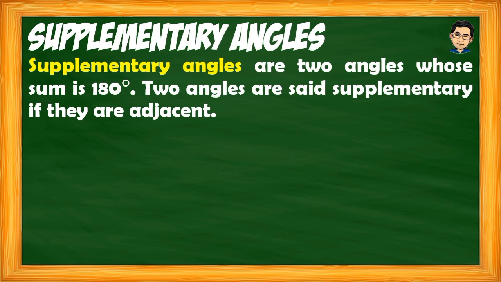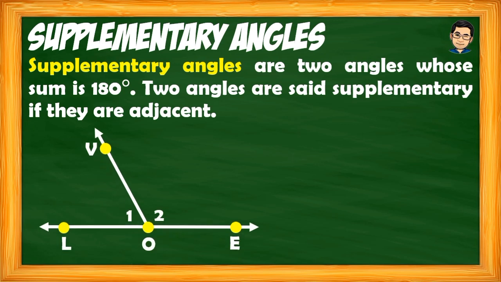So, ito po ang itsura ng supplementary angles. Since yung straight angle, ang sukat niya is exactly 180 degrees, magiging ganun ang itsura ng supplementary angles. Naka-form po siya ng straight angle.